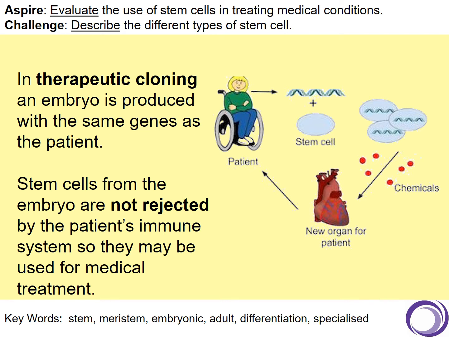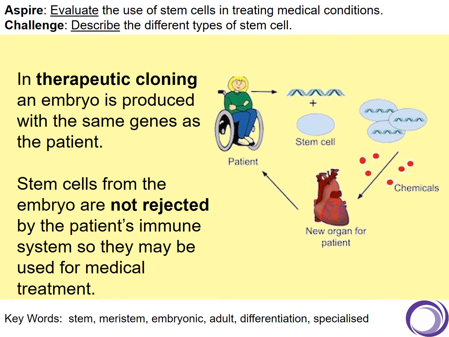What they do is they get the embryo and get it to produce the same genes as the patient. To get the stem cell, they take the DNA from the patient and put that in together. The benefit of that is that it will grow and have the DNA of the patient, and therefore it won't be rejected.